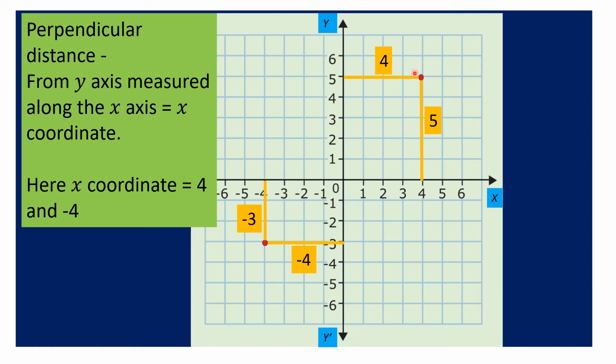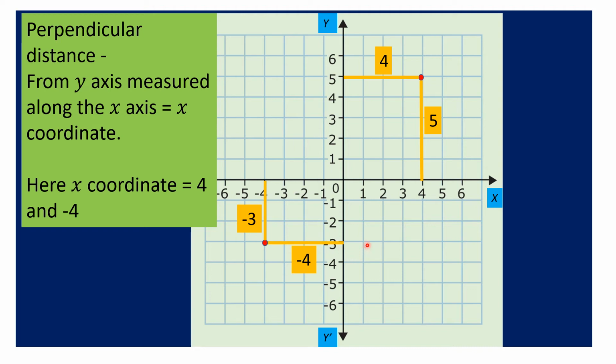So what is the x-coordinate of this point? 4, right? What is the x-coordinate of this point? -4. Why? Because this is the perpendicular distance from the y-axis along the x-axis, right? So this point's x-coordinate is -4, and this point's x-coordinate is 4.